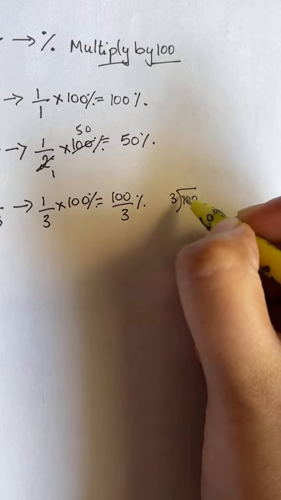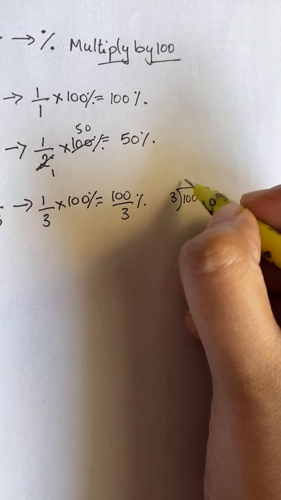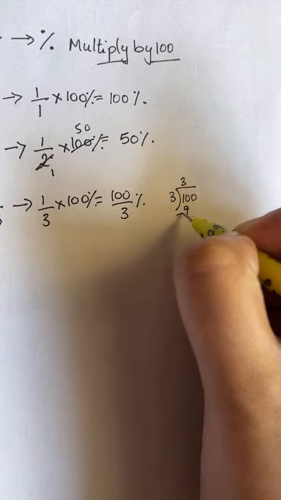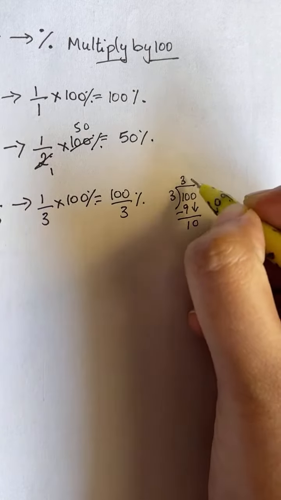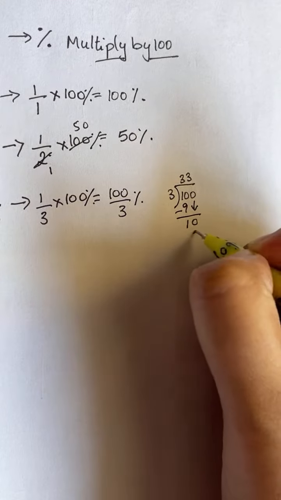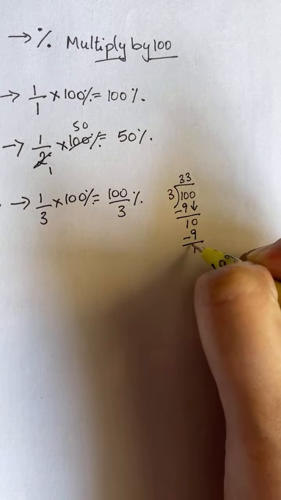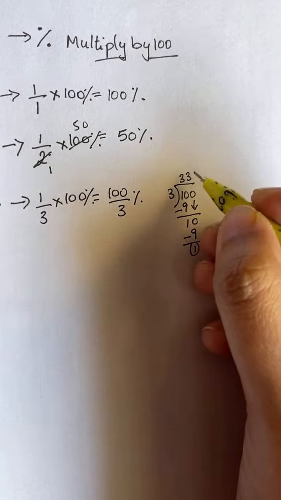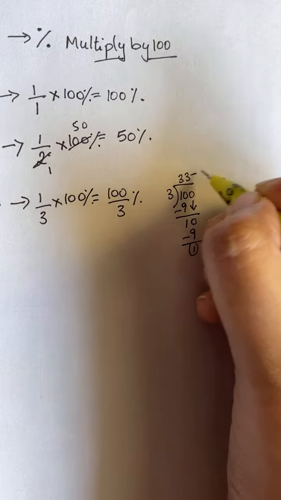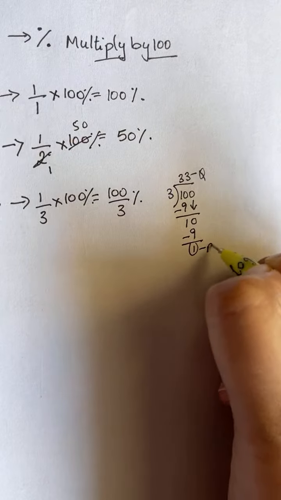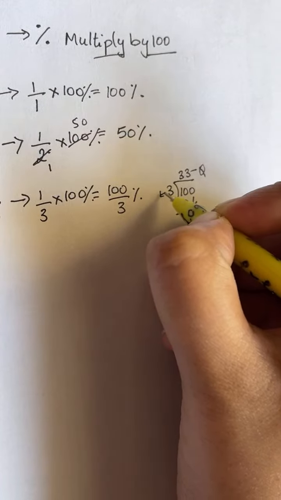How many times does it go? 3 times. So you get a 9, you subtract, you get a 1, and then you take down 0, and again 3 times gives you 9, subtract, and you have a remainder of 1. And so it is 33, 1 over 3. This is your quotient, this is your remainder, and this is your divisor.